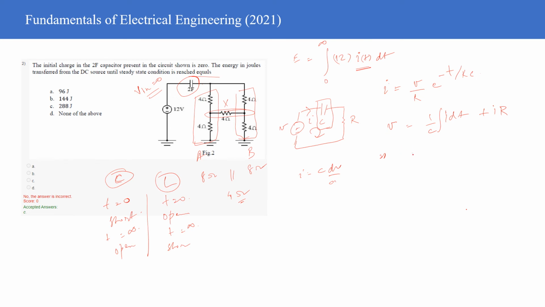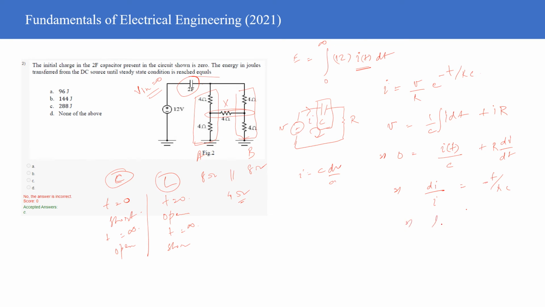You take the differential, it will become 0 on this side, and this will be I of t over C plus di by dt into R. And this simply gives di by I equals minus dt by RC.